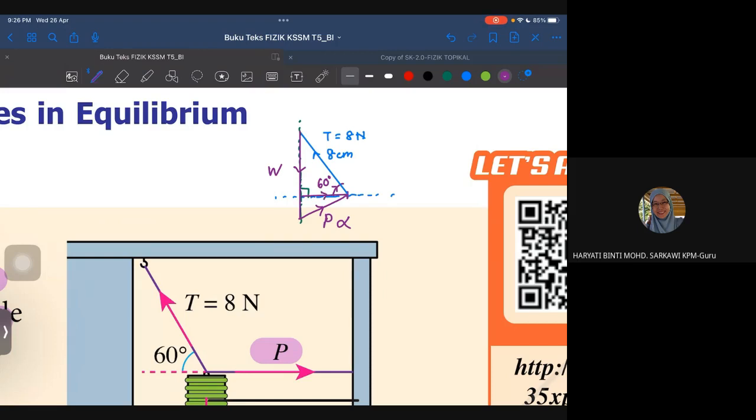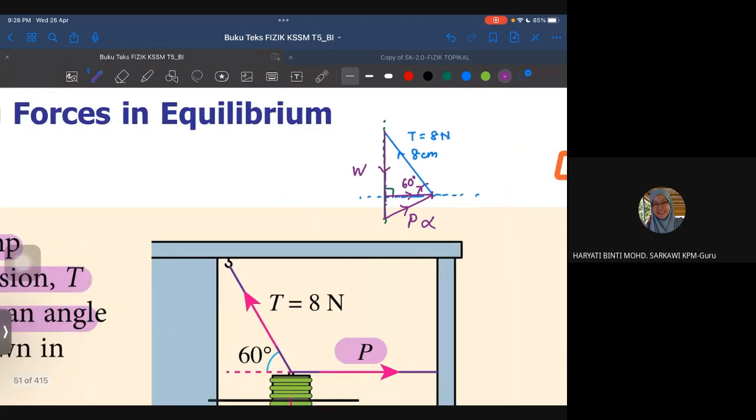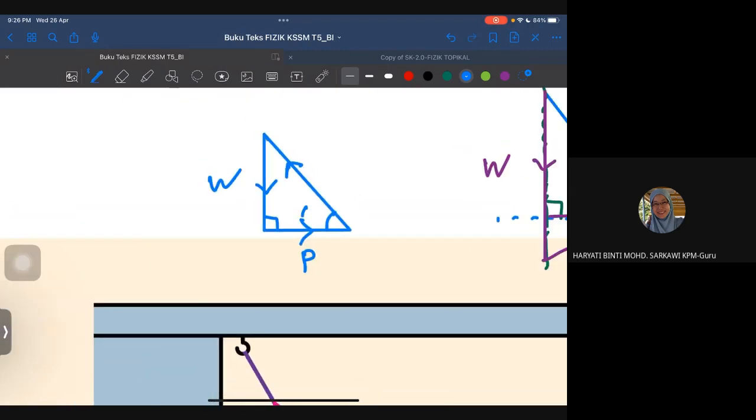Okay? Can you understand? Okay, so I redraw the diagram. This is your T. You draw your W. And then P. So this is 90 degree.